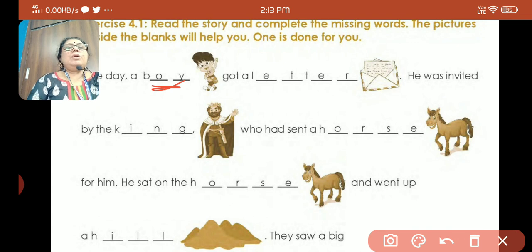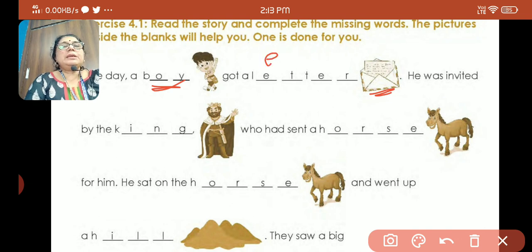Now, got a, what is this? Letter. So we will write, L is there already, so we write E, T. Now this T is already there, so the next blank is E and R. Letter. How do we write it?